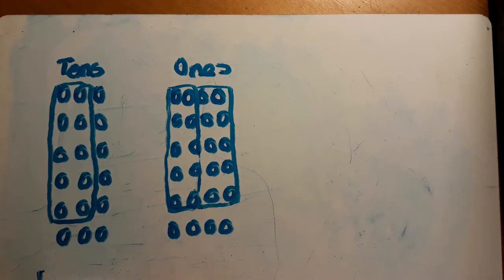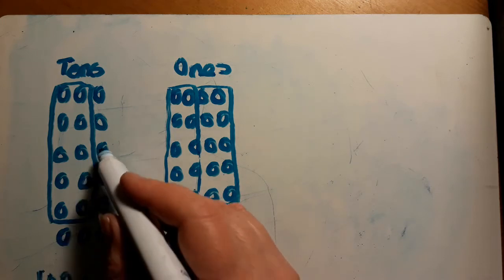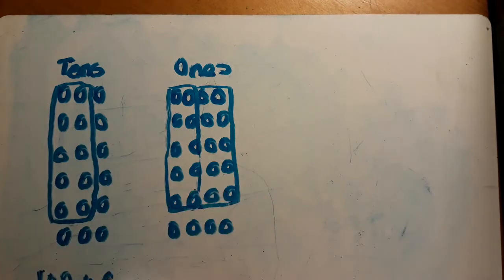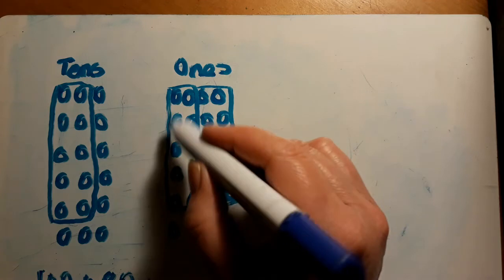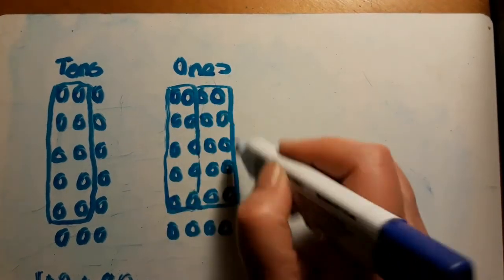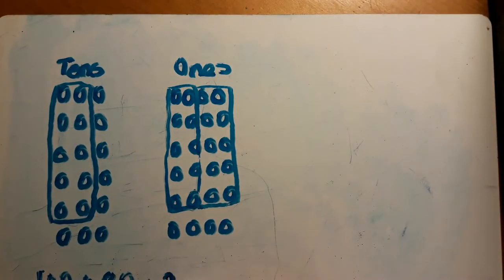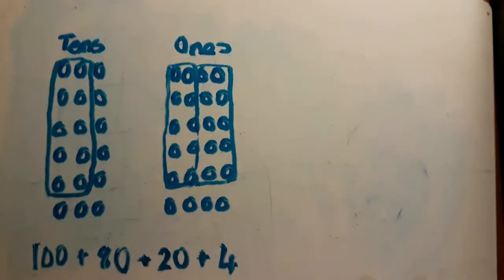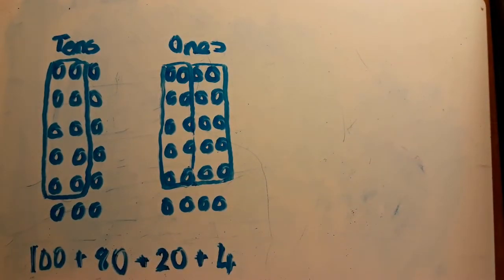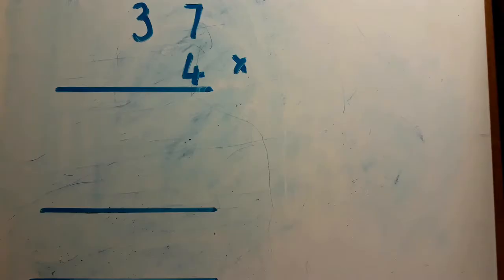So I would have 100 plus my remaining tens, 1, 2, 3, 4, 5, 6, 7, 8. 8 tens is worth 80. Plus I've got 10 ones here and 10 ones here, plus 20, plus the remaining 4 ones. So you will end up with something like that.